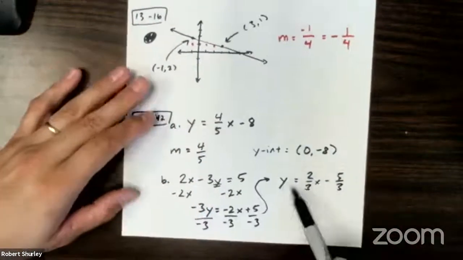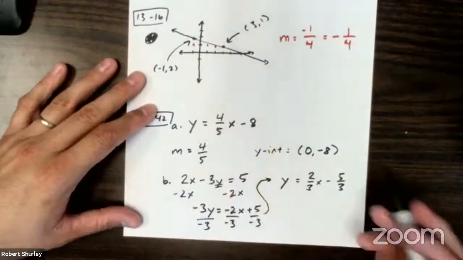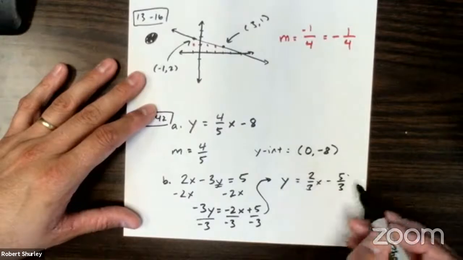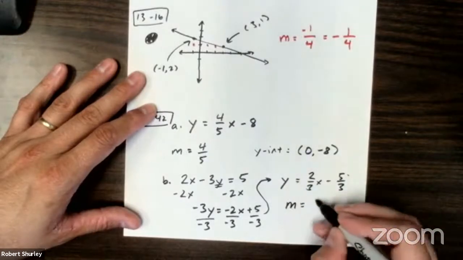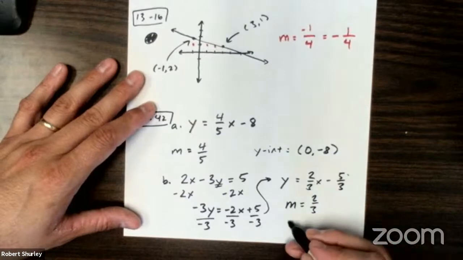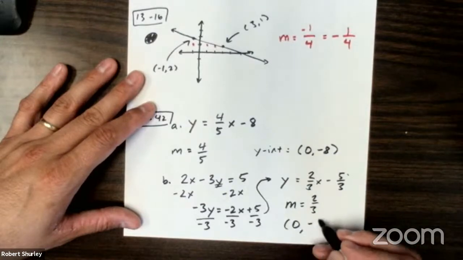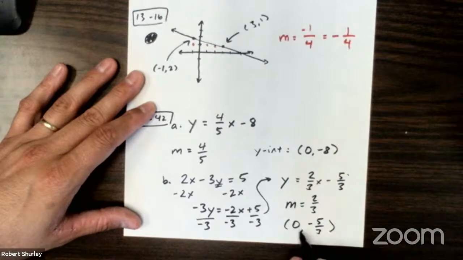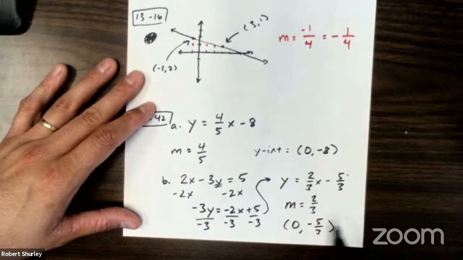And then look, now I've got an example just like the one before. If I want to find the slope and the y-intercept from this equation, I know the slope is the coefficient of the x and the y-intercept is just 0 and then whatever the b value is. So this is my y-intercept. Kind of ran out of room.